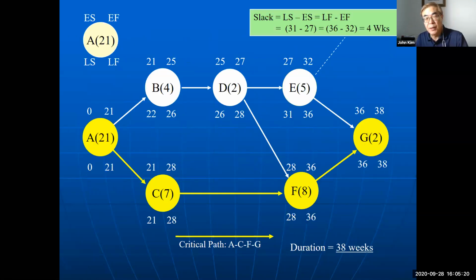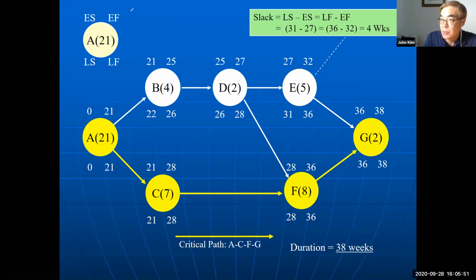Then critical path. Last time I showed you how to find the critical path. So there are three possible paths. This path, this path, and last this path.